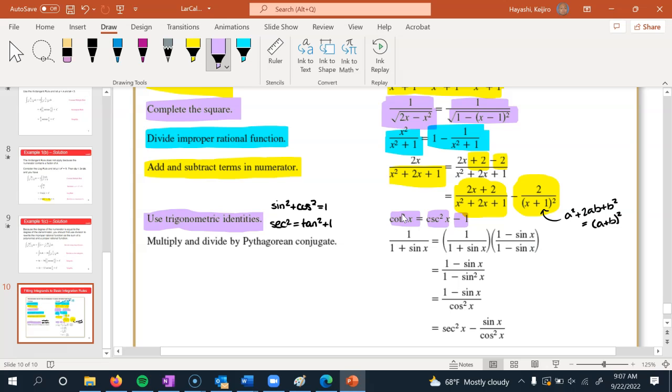That's just the reverse of the derivative rule for cotangent. So this cosecant squared would integrate into negative cotangent. And that minus 1 would integrate into minus x.